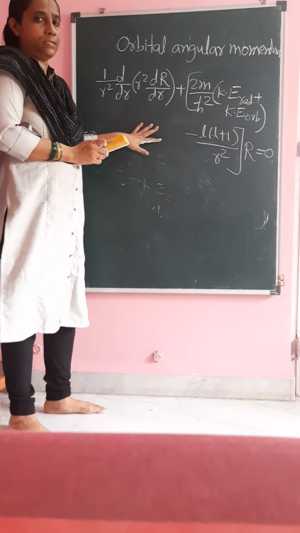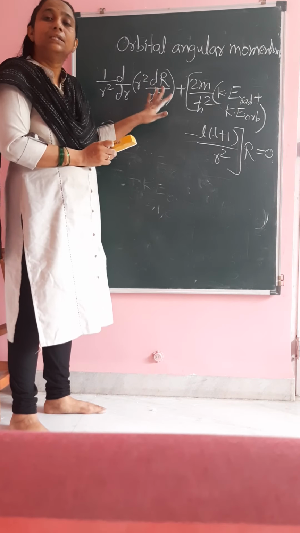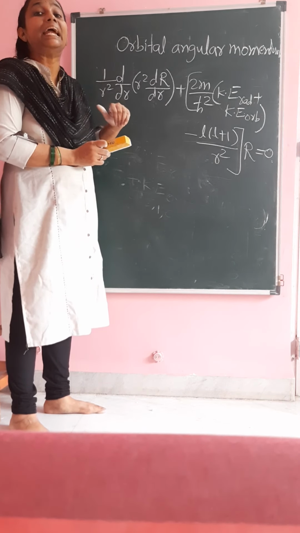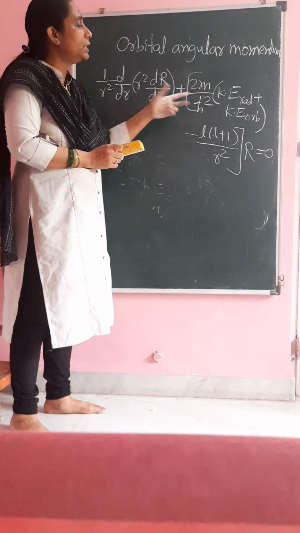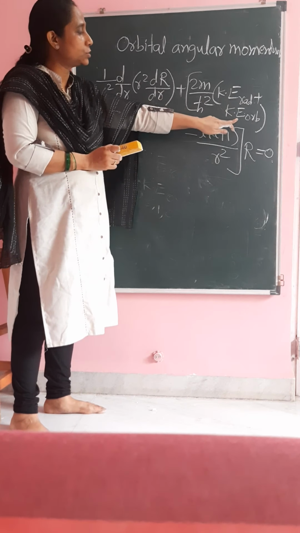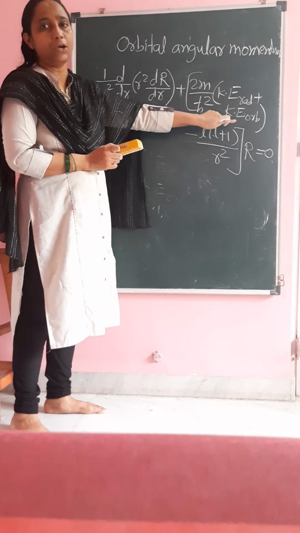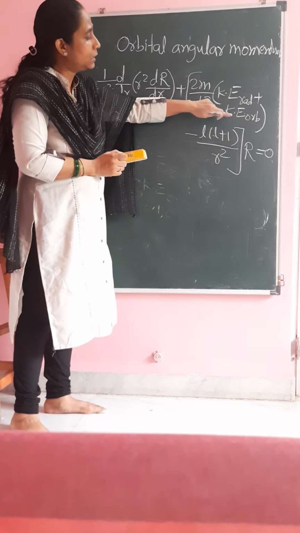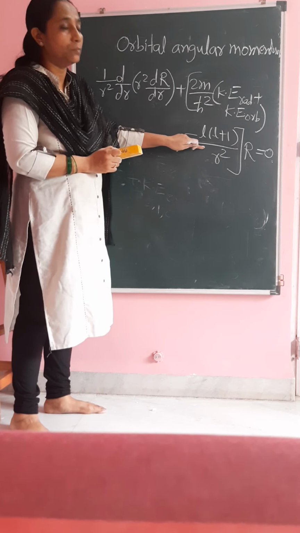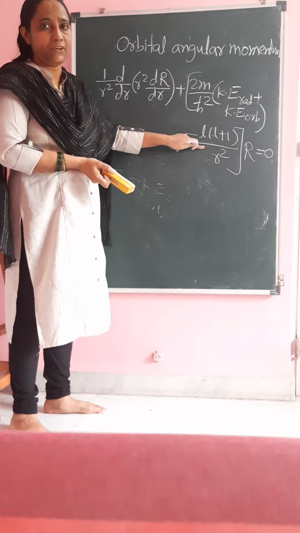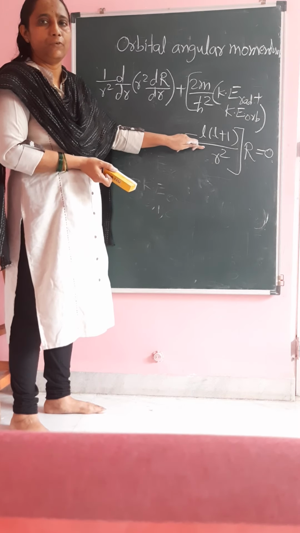Now again look at this equation. We want this equation only in the radial form. To have only the radial form, what we don't want here is this. The orbital term we don't want. Now this orbital term and this term, if it will get cancelled with each other, then our aim will be fulfilled.